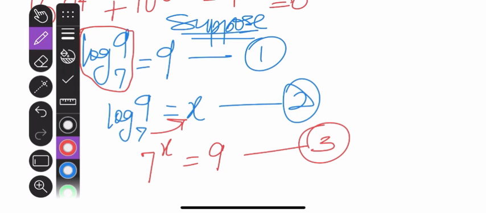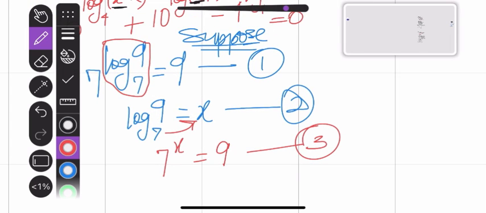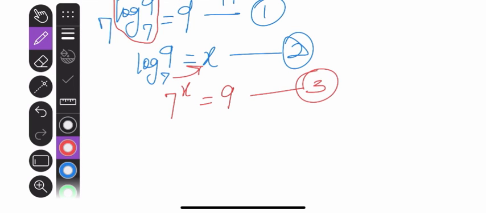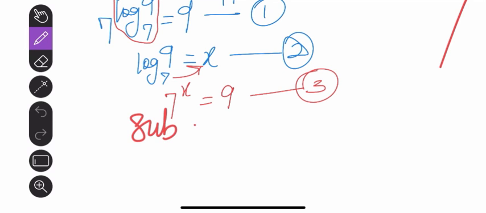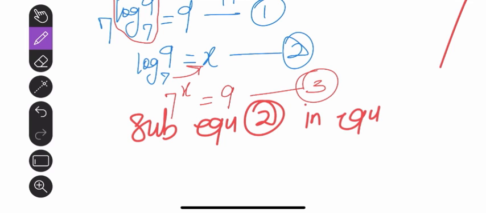Now I have equations 1, 2, and 3. I'm going to substitute the value of equation 2 in equation 1. We already have equation 1 to be 7 to the power of log 9 base 7.